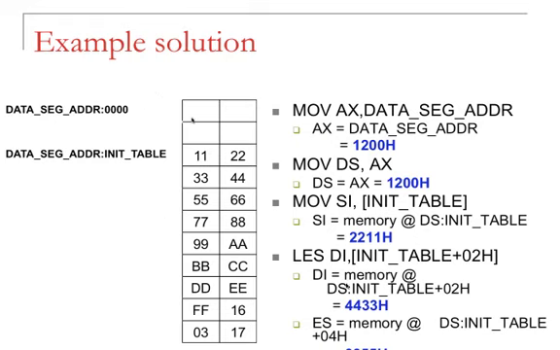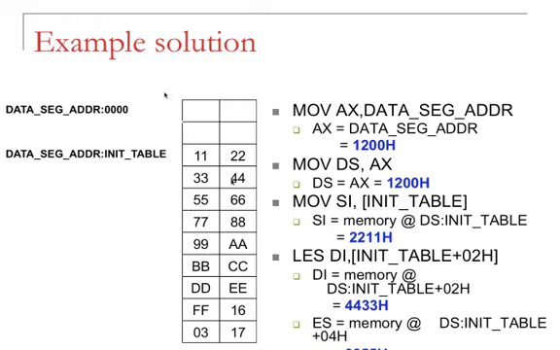We're going to first load a word into DI. So starting from here, we're going to load a word into DI. What we're looking at is this 4433. These 2 bytes are going to be loaded into DI.